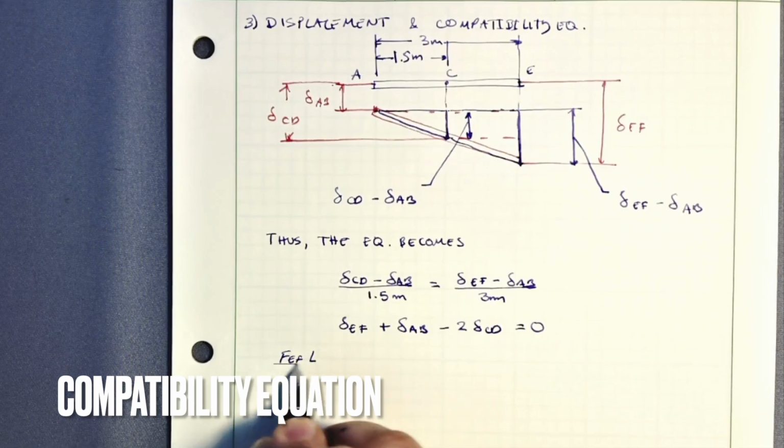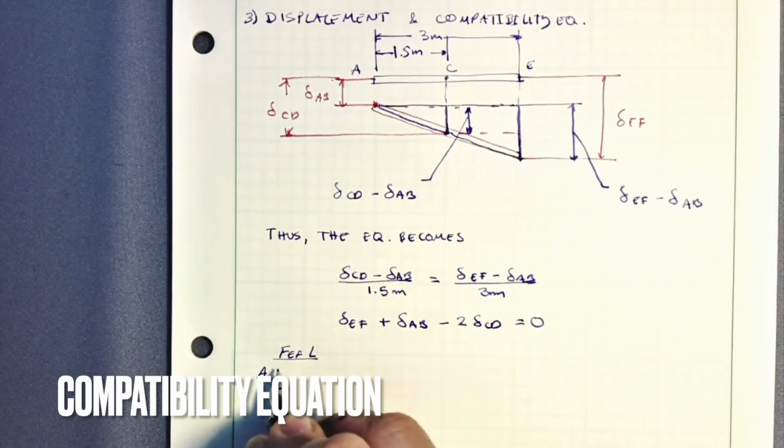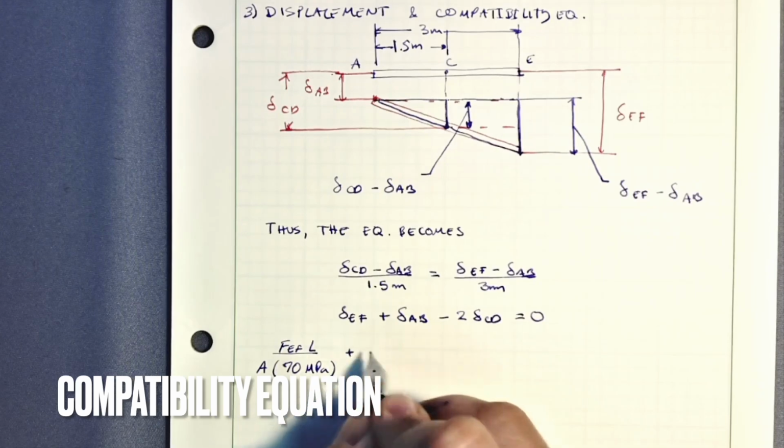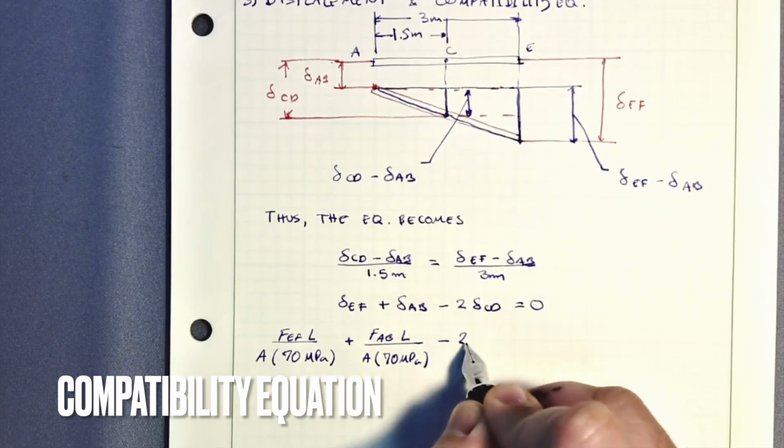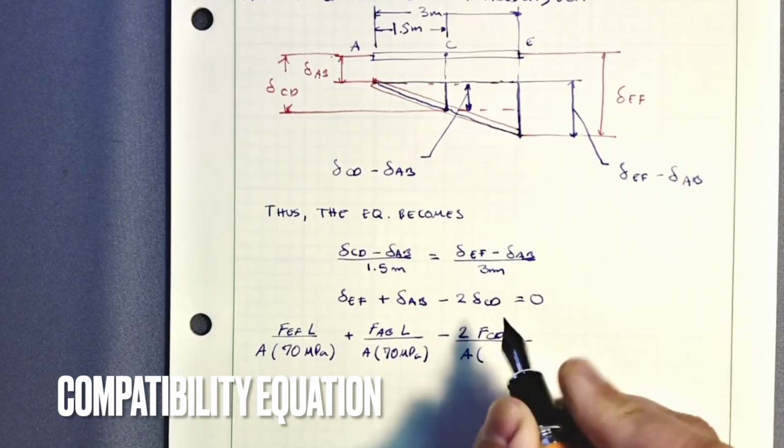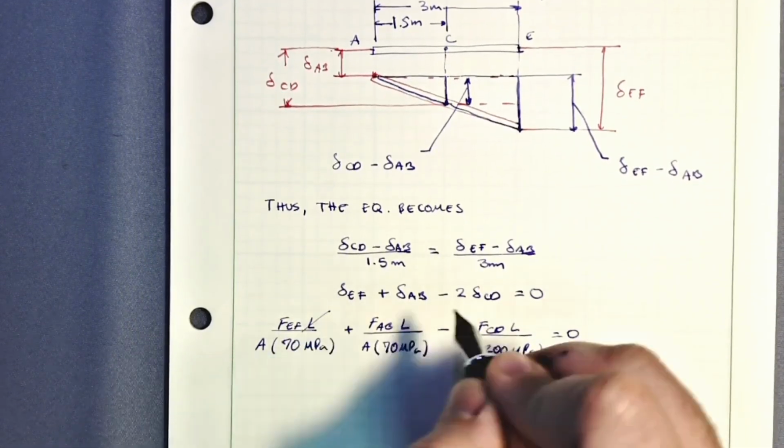And we can substitute with the corresponding known values. I am leaving L and A as constants because they are the same for all rods and they're going to cancel out.